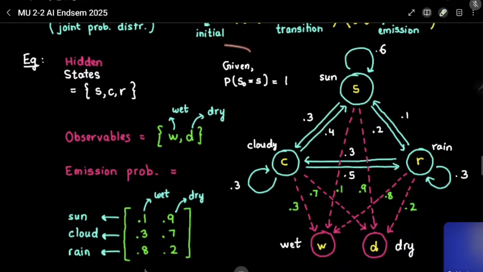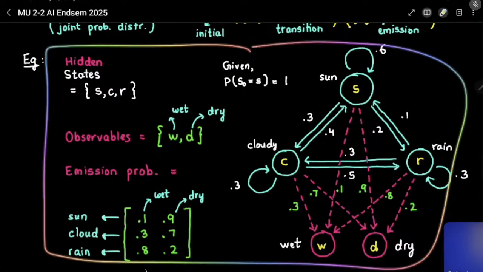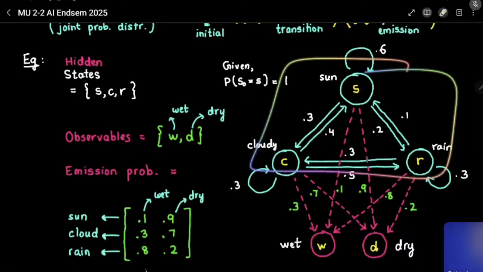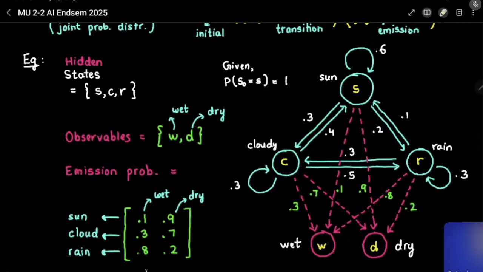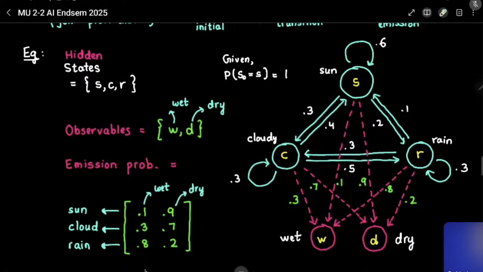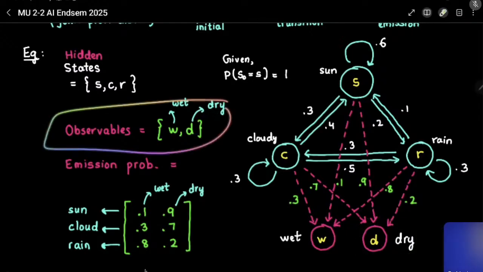Yesterday I gave this as an example of a hidden Markov model. You have hidden states, and then you have the observables. You can observe whether your lab mate is wet or your lab mate is dry. So these are your observables.